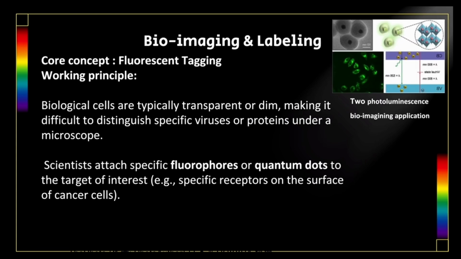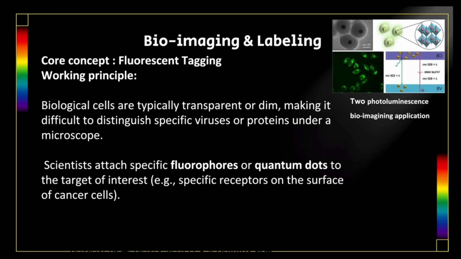And now we can talk about the next application, bioimaging and labeling. The main challenge in microscopy is that biological cells are typically transparent or very dark. This makes it extremely difficult for researchers to distinguish a specific virus or protein.